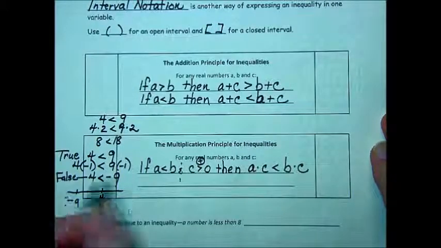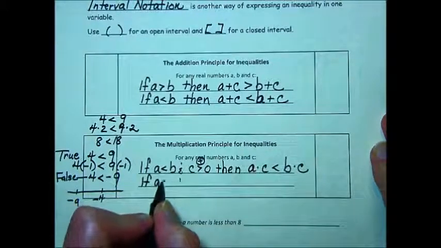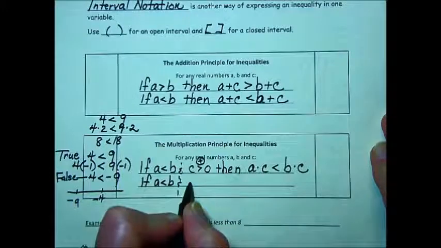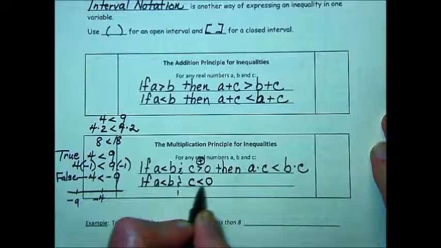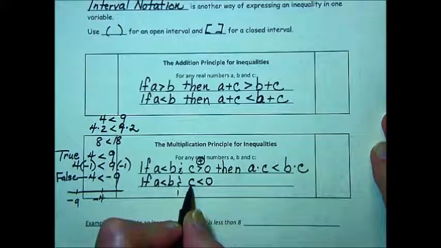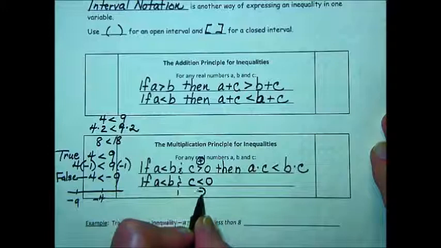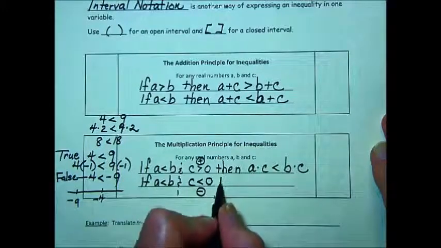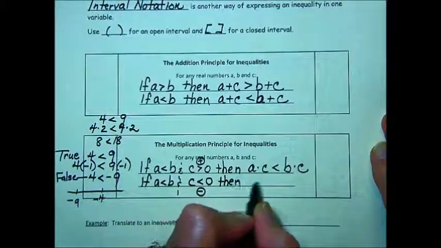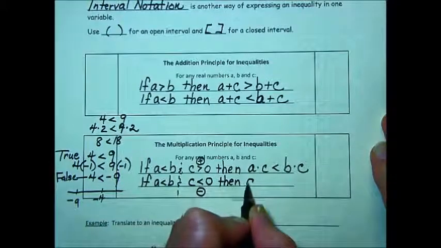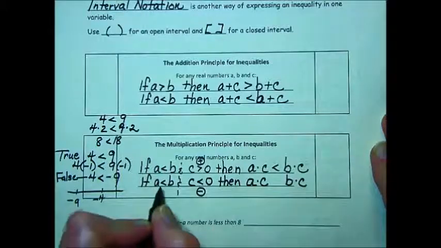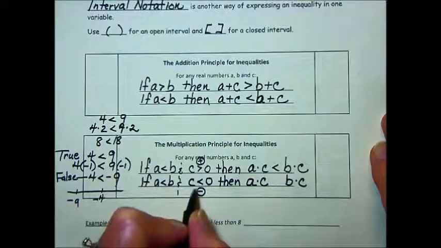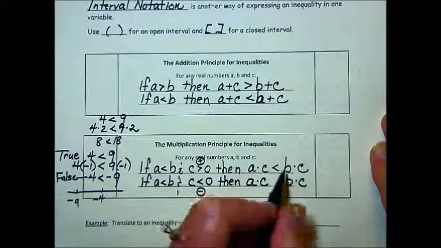But as we just saw in this example, if we start out with an inequality and we multiply by a value that is negative, and a way of representing a negative number is to say that it is less than 0, so the implication here is we're multiplying by a negative number. We have A times C and B times C. Whatever the direction of the inequality was prior to the multiplication by a negative, it will be reversed.